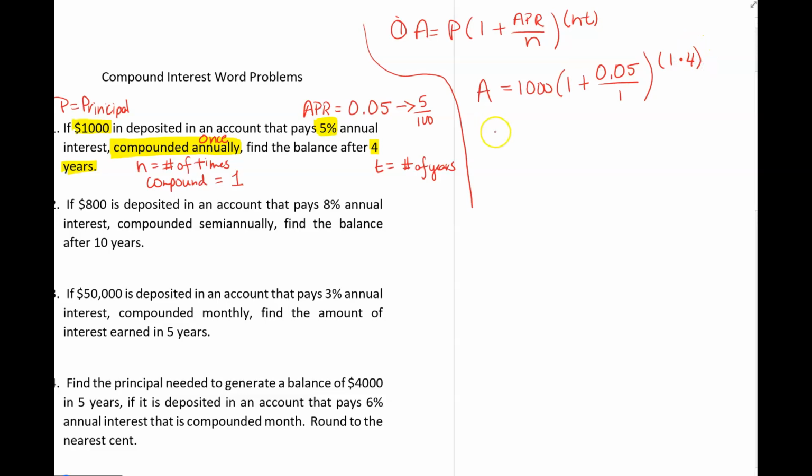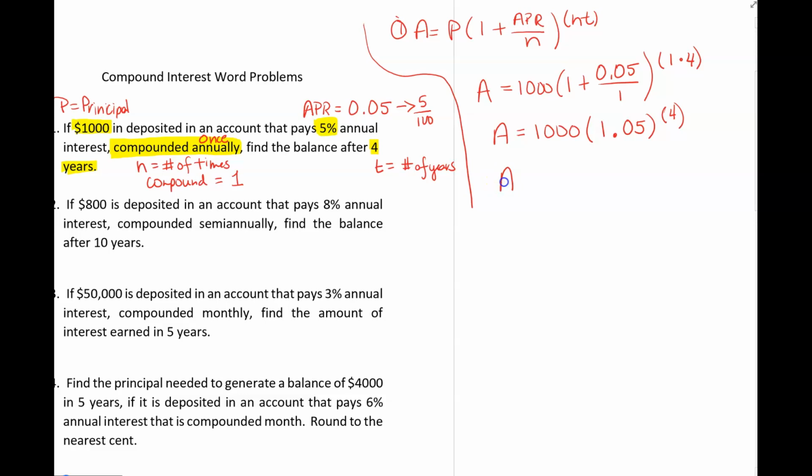And entering it in your calculator, like I said, is another hurdle that you'll have to get over. I like to clean mine up as much as I can before I go to my calculator. So 0.05 divided by 1 is just 0.05. And 1 plus 0.05 is 1.05. And then 1 times 4 is 4. So it's raised to the 4th power.